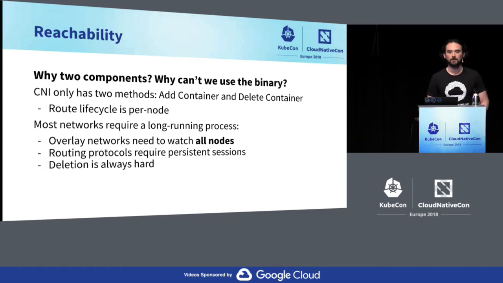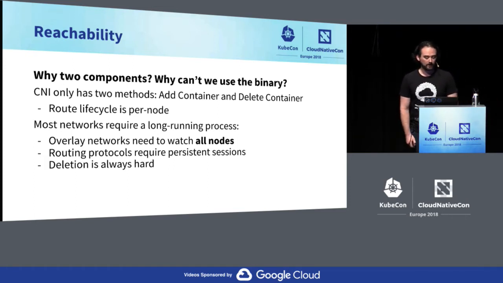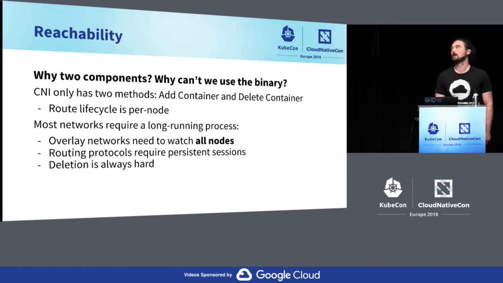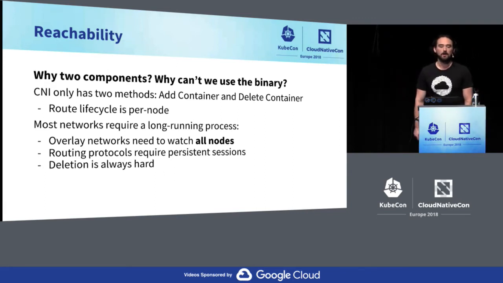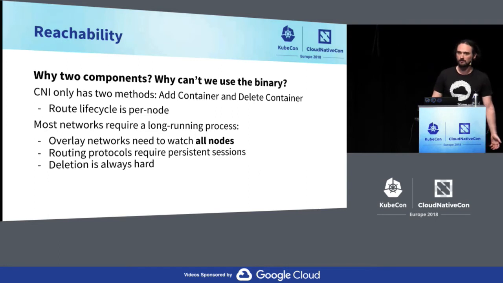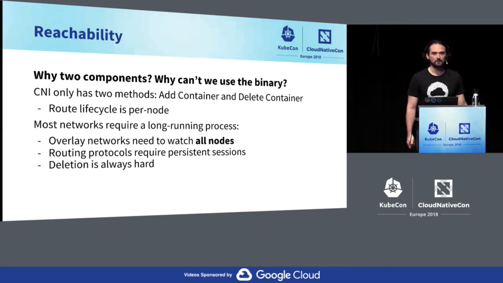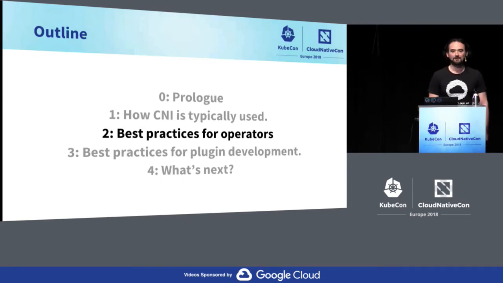If your BGP session goes down, your routes are withdrawn, your node is gone. And more importantly, deletion is always hard. You never really know when you can delete the pod CIDR because you need to delete the pod CIDR when the node goes down. But CNI doesn't tell you when the node goes down because the node's gone down. All right, so that's what CNI and the CNI infrastructure is expected to provide into Kubernetes.